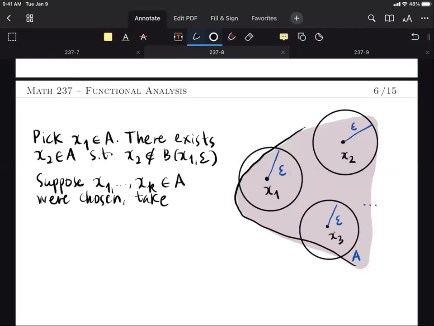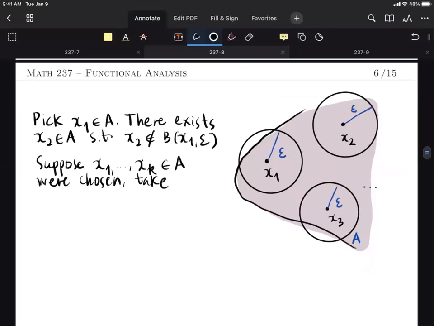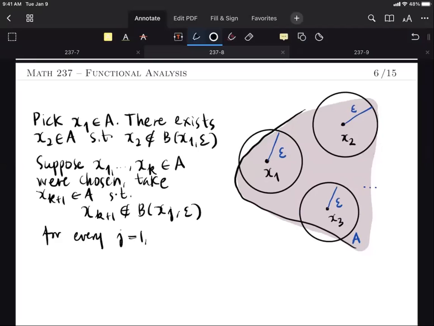Now we take x sub k plus 1, the next, such that x sub k plus 1 is not in the previous balls. So x sub k plus 1 is not in B(x sub j, epsilon) for every j from 1 up to k.